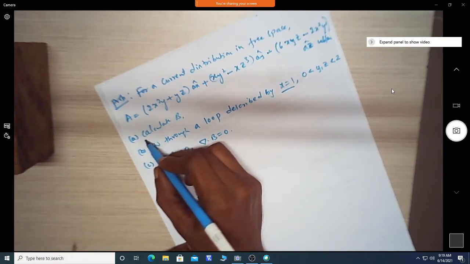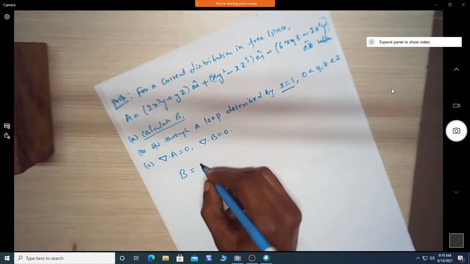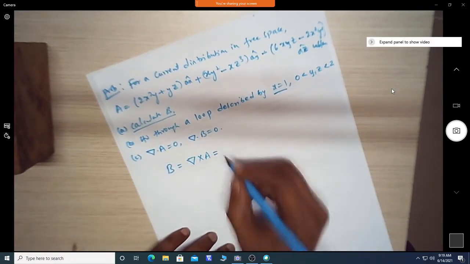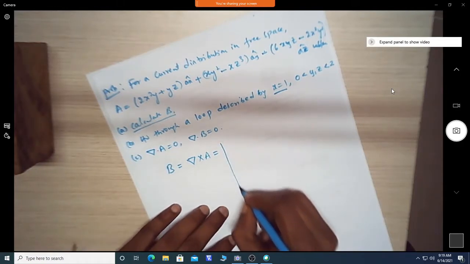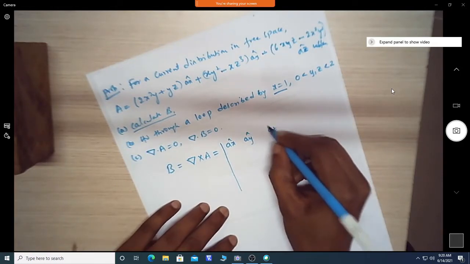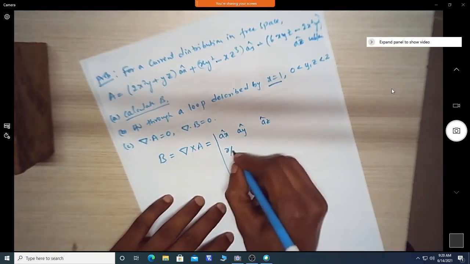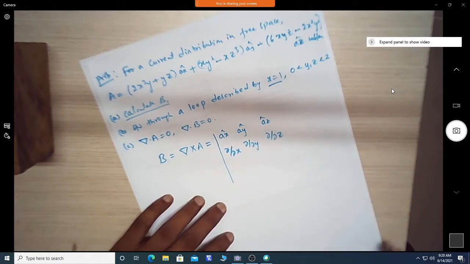First you need to calculate B. Try to do this one. We know B equals del cross A, so the magnetic flux density B is the determinant of ax, ay, az, then del by del x, del by del y, and del by del z.